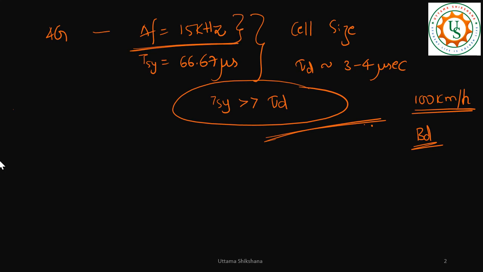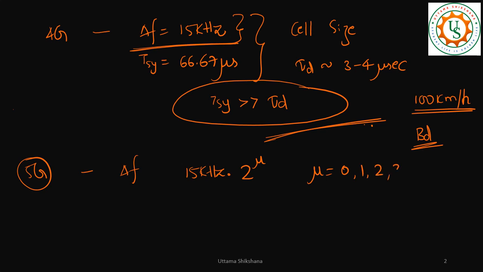Now in the case of 5G, we have different subcarrier spacings. We call it numerology, and it is 15 kilohertz times 2 to the power of mu, where mu is 0, 1, 2, 3.